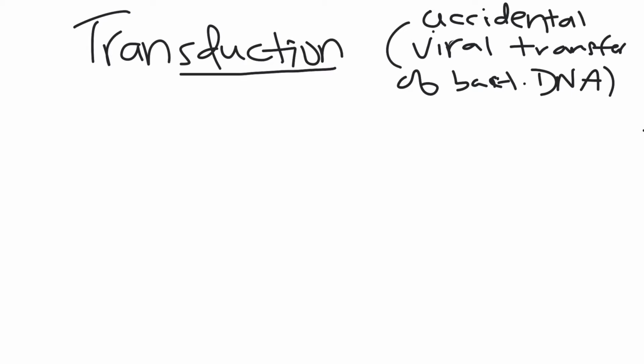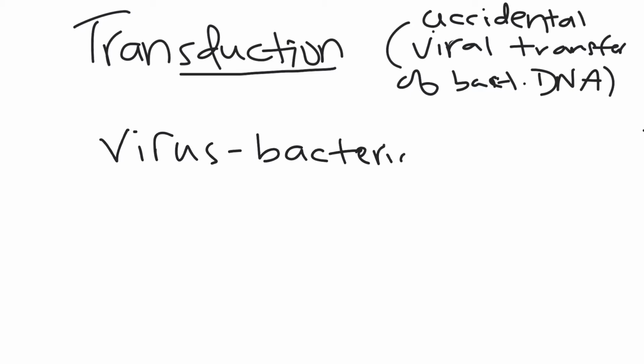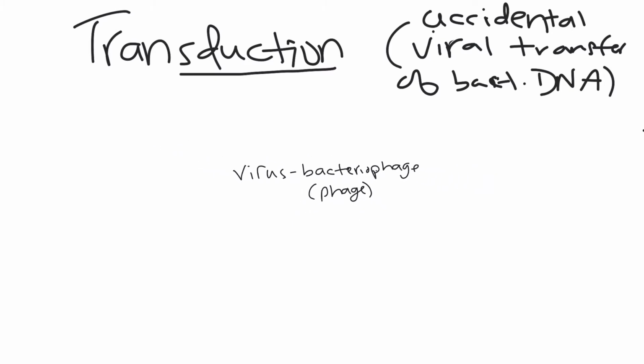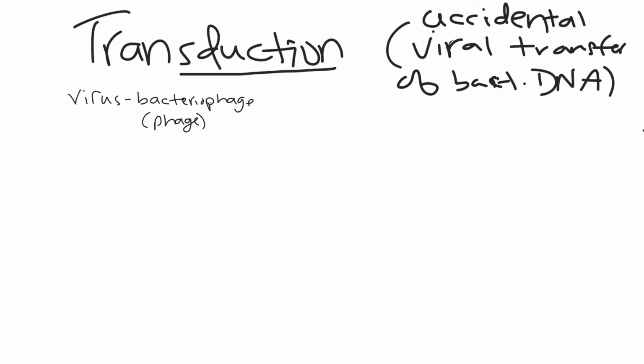Now remember that the type of virus that infects bacteria specifically is called a bacteriophage, or just for short, phage. People do call it phage. So that's what's going to be in action here. It's not just any bacteria or any virus that does this.